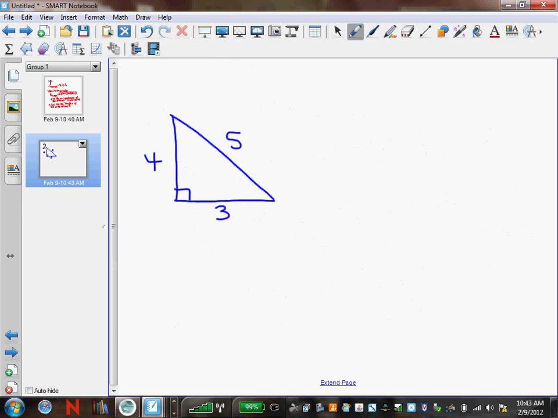I picked a right triangle on purpose because it's easy to use the formula 1/2 base times the height when it's a right triangle. When you have a right triangle, the area formula will be 1/2 leg, one of the legs times the other leg, not the hypotenuse.